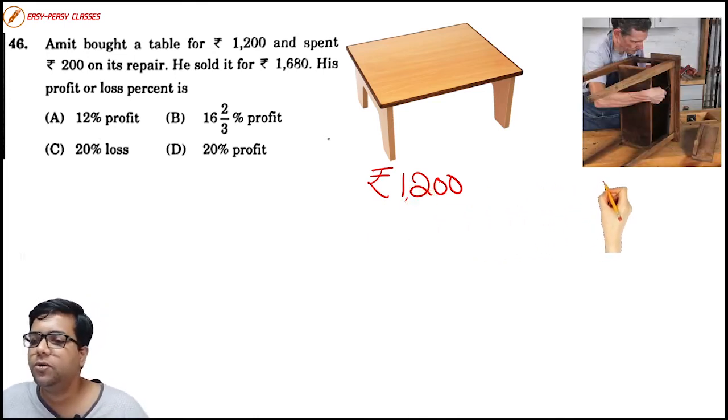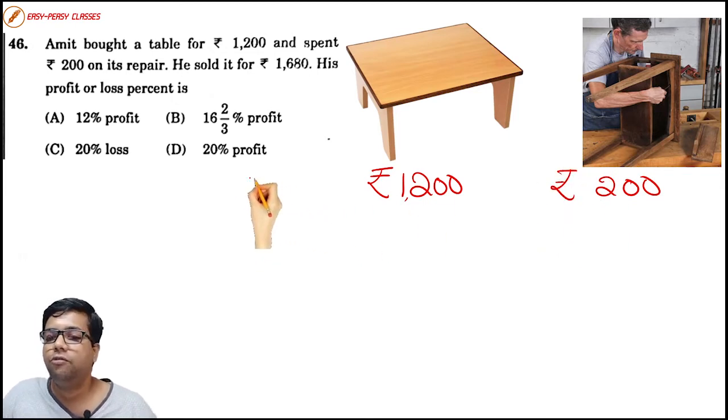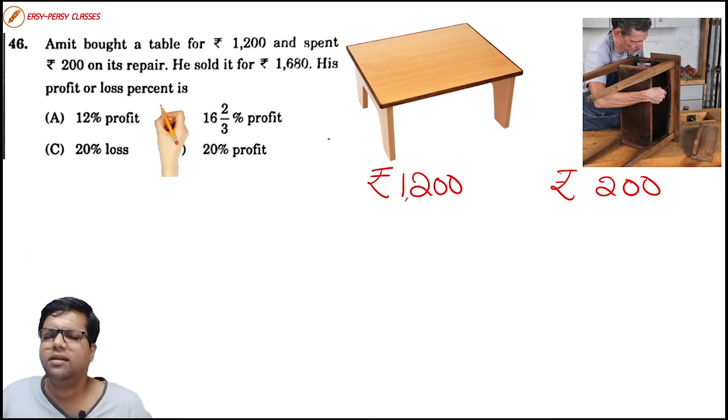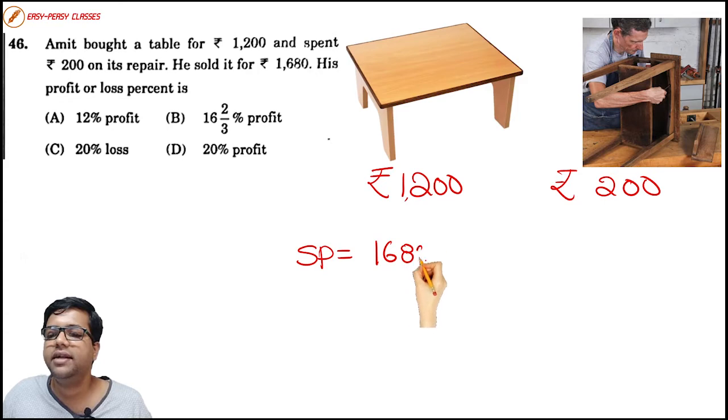Okay, let us read the question first before jumping into the answer. Amit bought a table for 1200 rupees and spent 200 rupees on its repair. He sold it, meaning the selling price, for 1680 rupees.